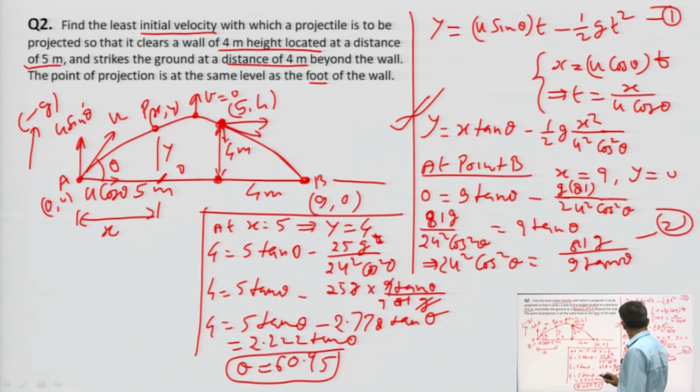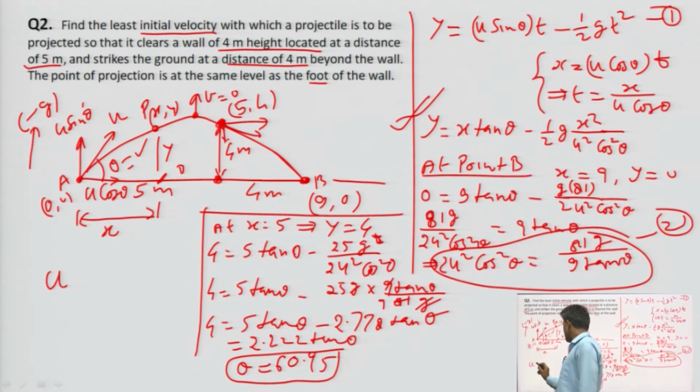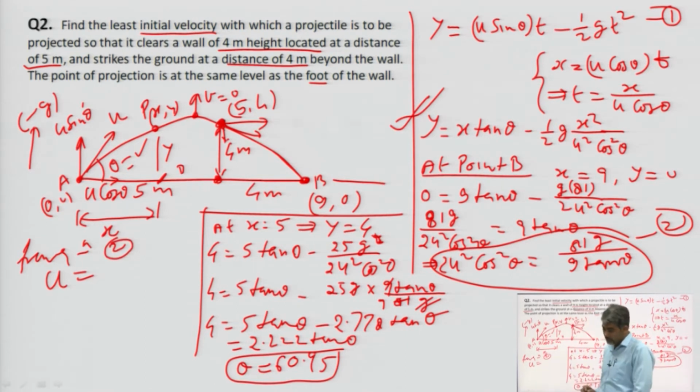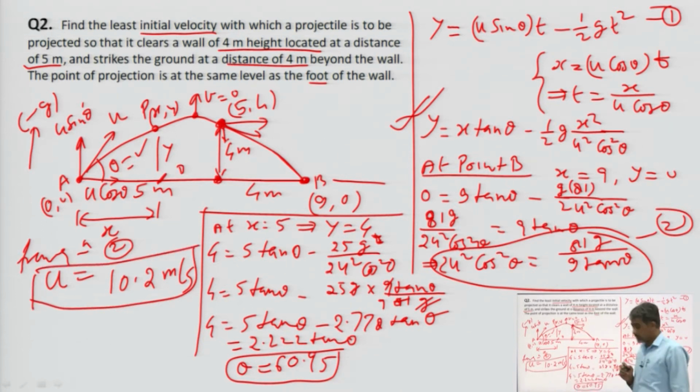So, this is theta, the angle of projection, we have calculated. And from equation number 2, if we put the value of theta, then we will calculate the value of u. It will be 10.2 meter per second. So, put the value and then you will get this answer, right.